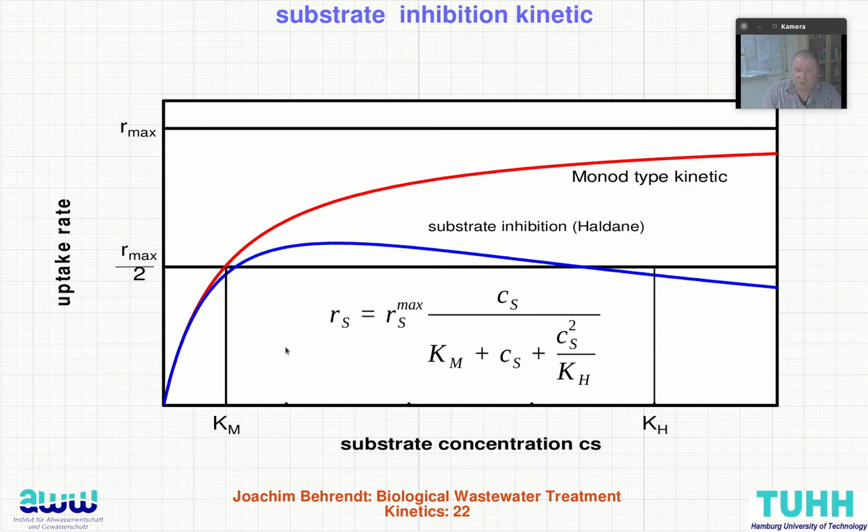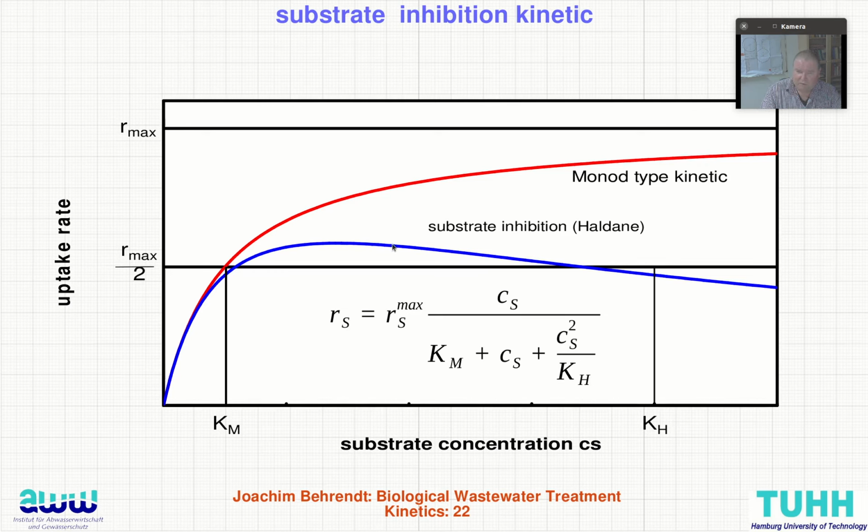This looks like this blue curve in comparison to the Monod type. The characteristic is that we have a maximum uptake rate, and for higher concentrations the uptake rate goes down. This is quite dangerous behavior in wastewater treatment.